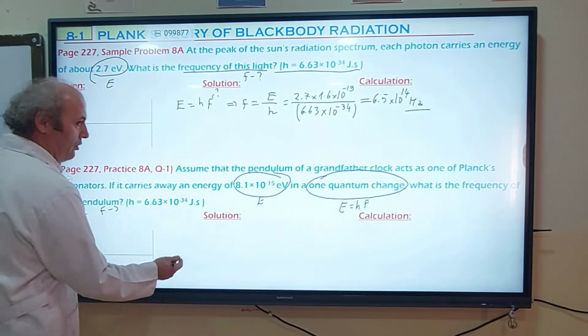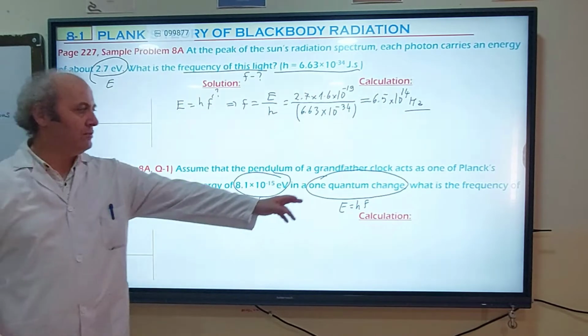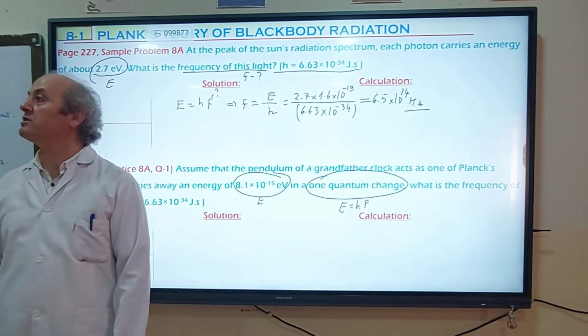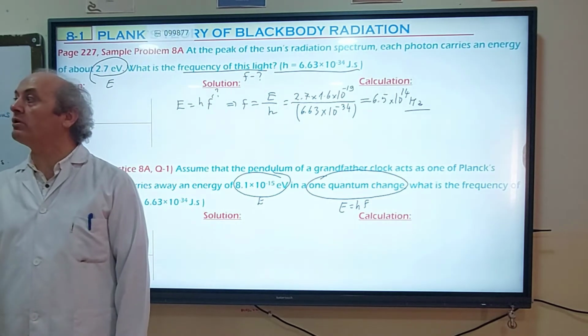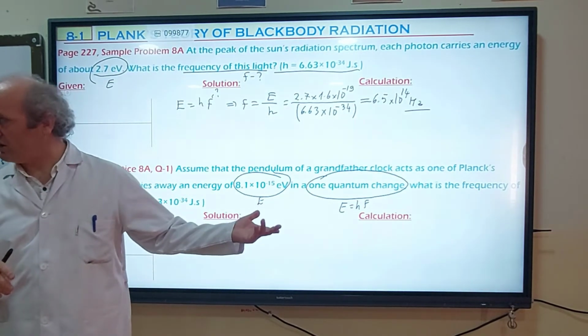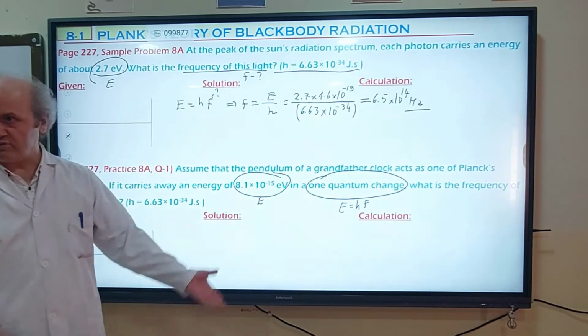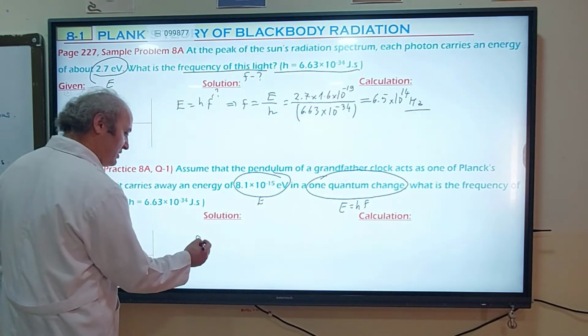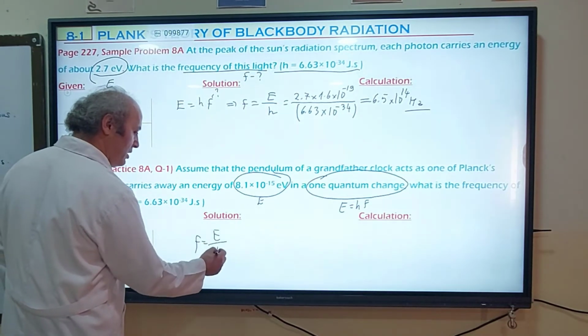I give this question only to explain what one quantum change means. One quantum change corresponds to hf. Two quantum changes, 2 hf. If it says 3 quantum changes, 3 hf, and so on. The rest, you use the equation f is equal to E divided by h.